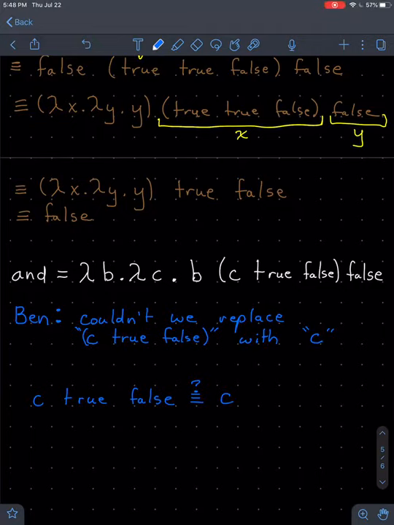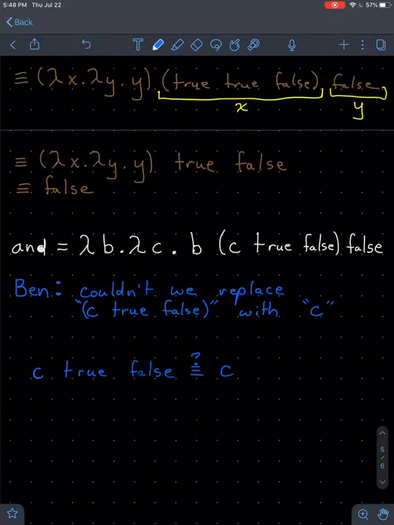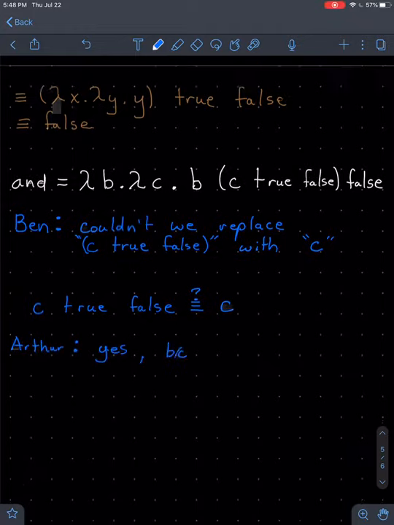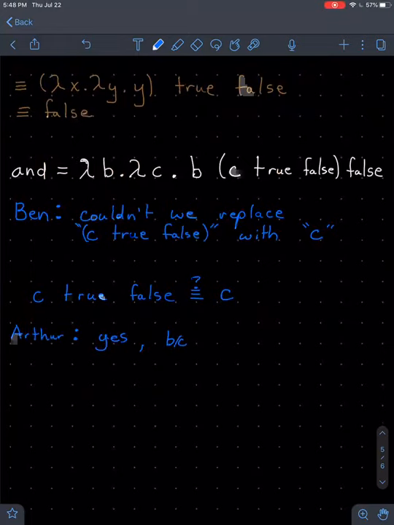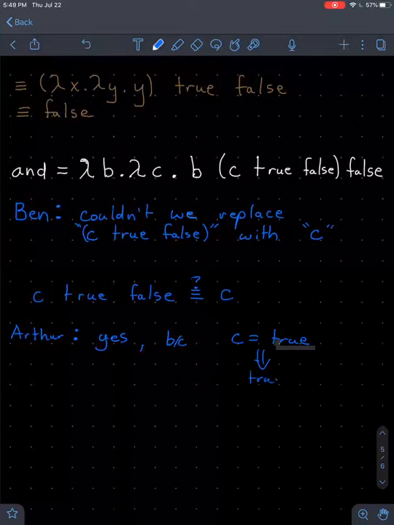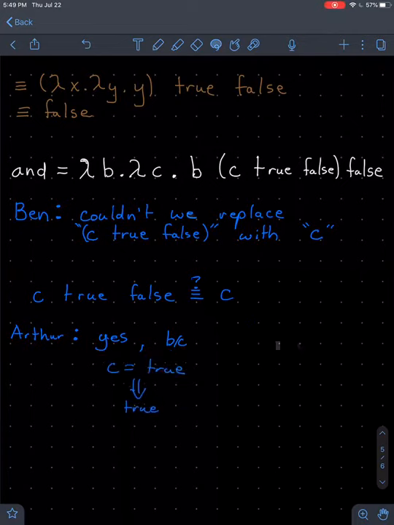Yeah, so Arthur says yes. Because when C equals true, we get true.